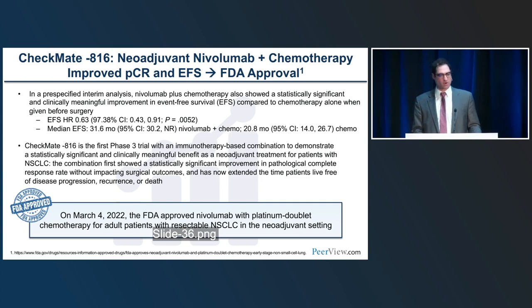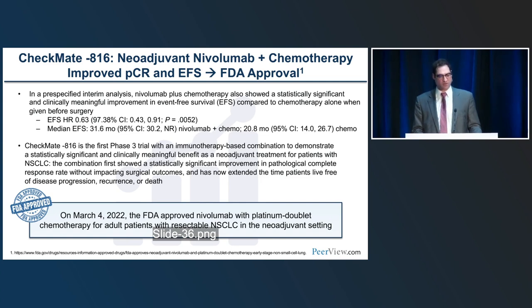In terms of the other co-primary endpoint, event-free survival, the hazard ratio was 0.63, highly statistically significant. Median event-free survival was 31.6 months versus 20.8 months. This included patients who were both PD-L1 negative and PD-L1 positive.